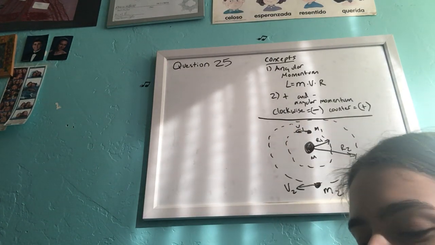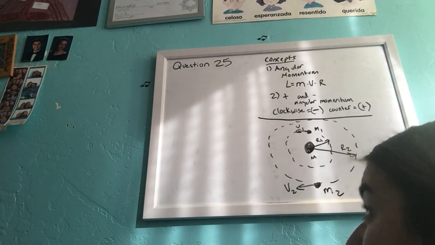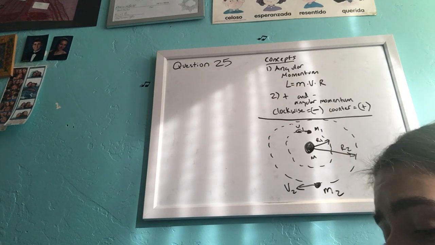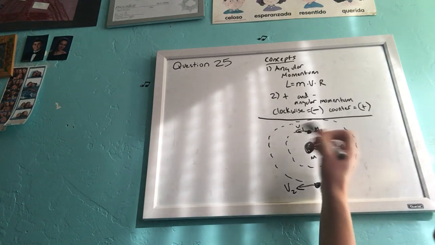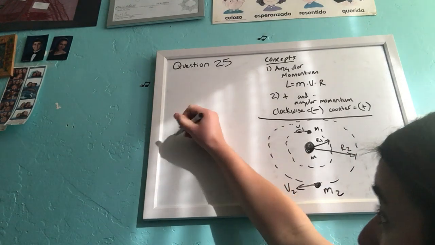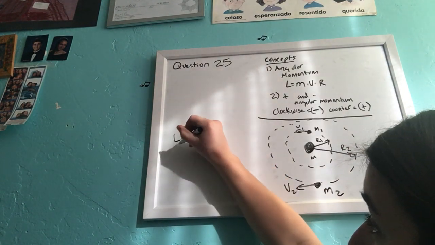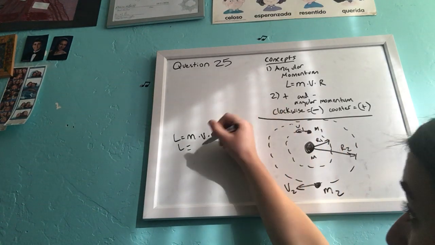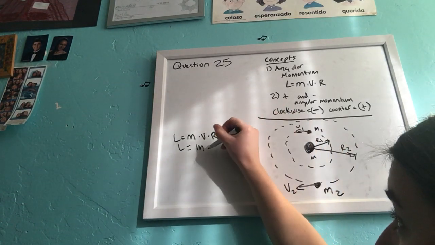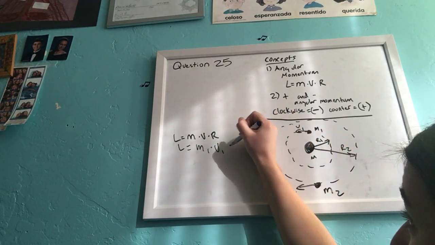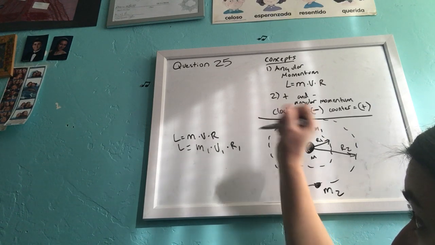And first let's find the angular momentum of the inside. So L is equal to m times v times r, and we're using mass 1 for the inside, velocity 1, and r1.